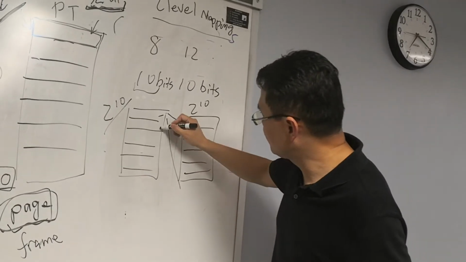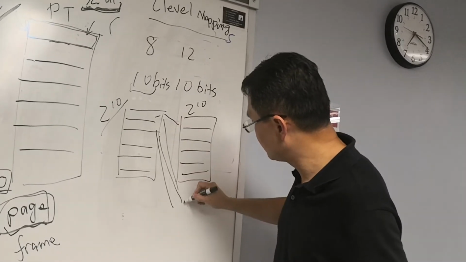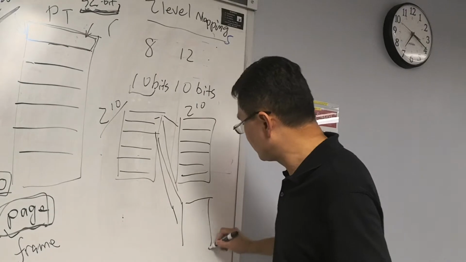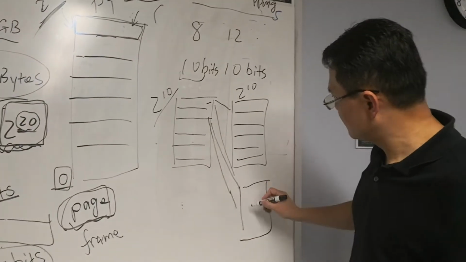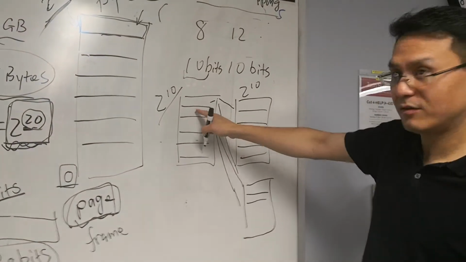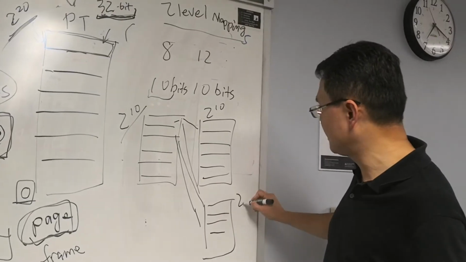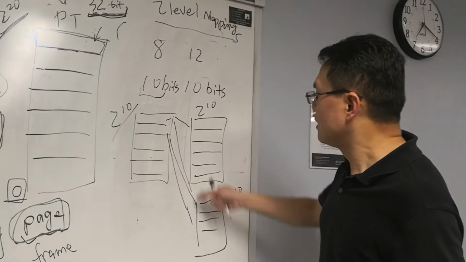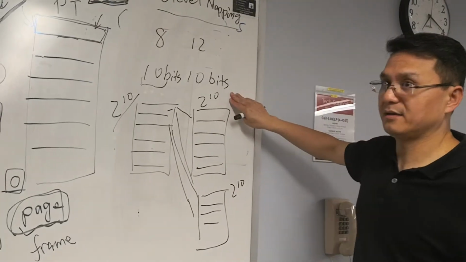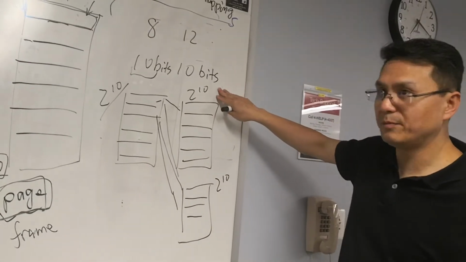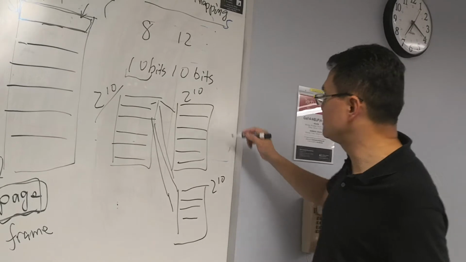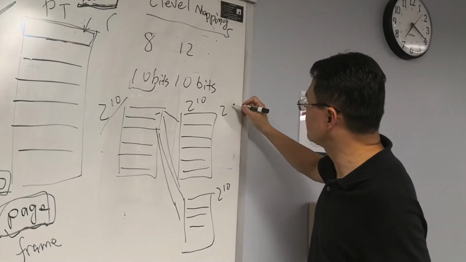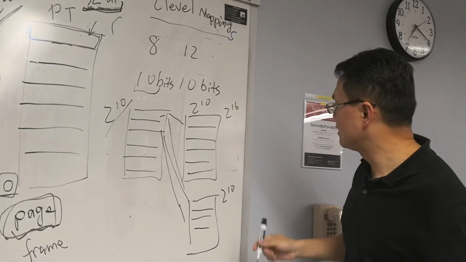The second entry in the first level will correspond to another 2 to the 10, and so on and so forth. If you make the second level big, sometimes it could be advantageous, like say you make this 2 to the 16.